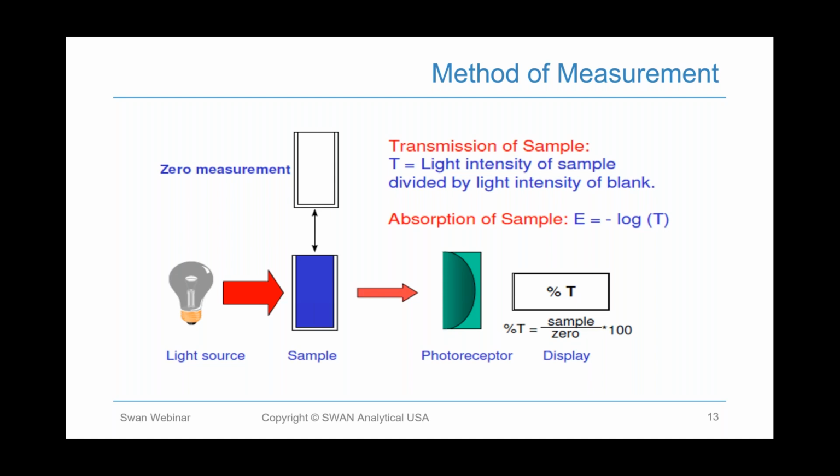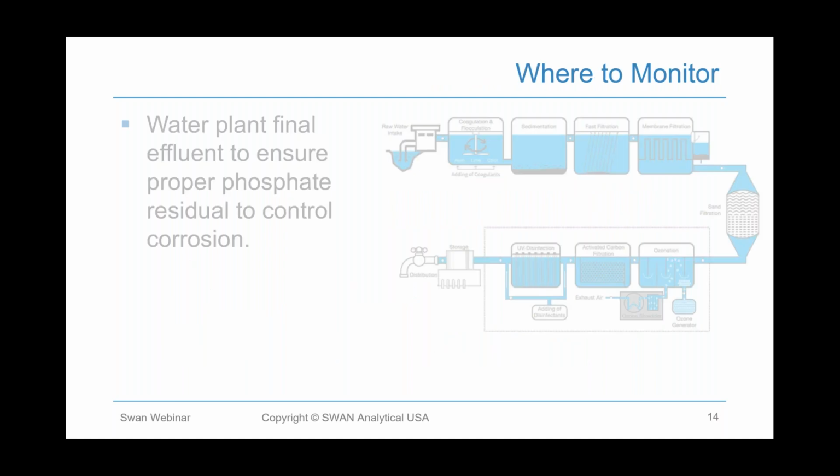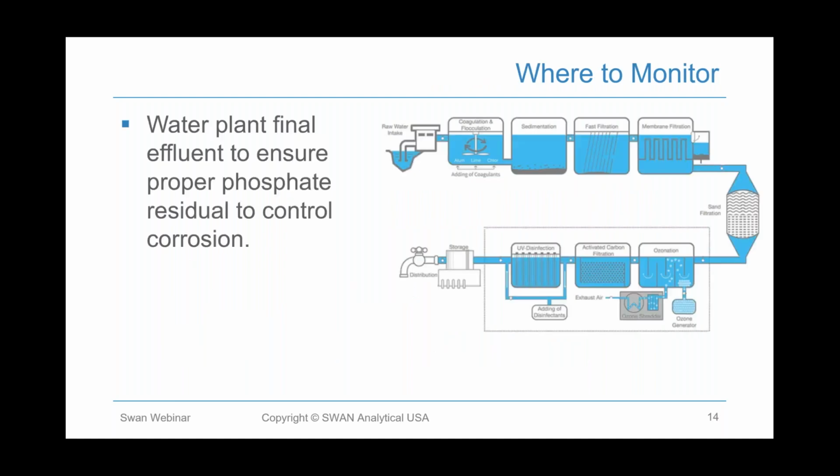What we get on the other side on the photoreceptor, the difference between what we shine through and what we get on the other side, is the intensity received from the light, and that is, with an algorithm, relatable to concentration.